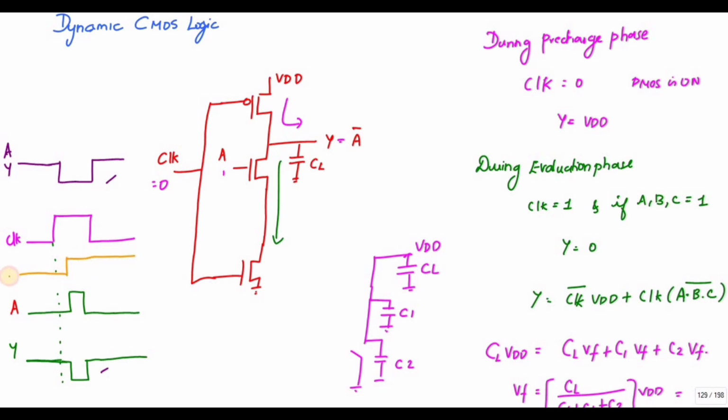This is my A. So the actual output will be 1 until this point, and when A goes to 1, suddenly it goes to 0 and remains 0 for the entire evaluation phase, and again it goes to 1.